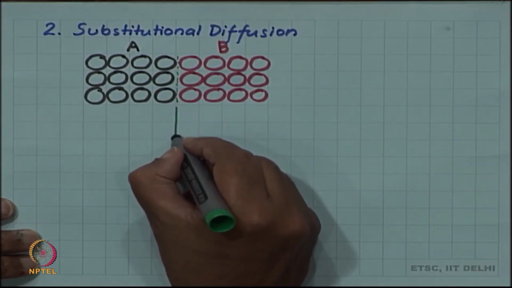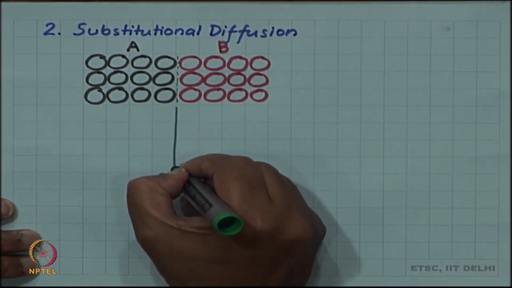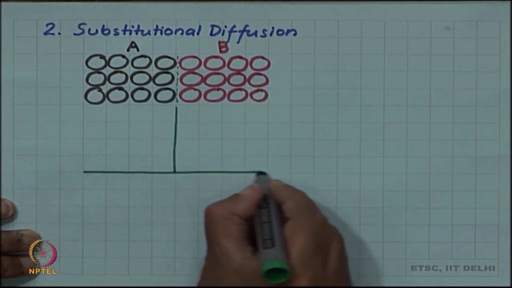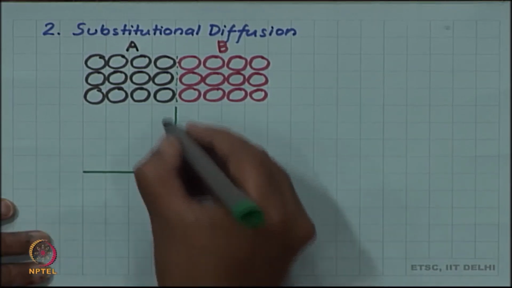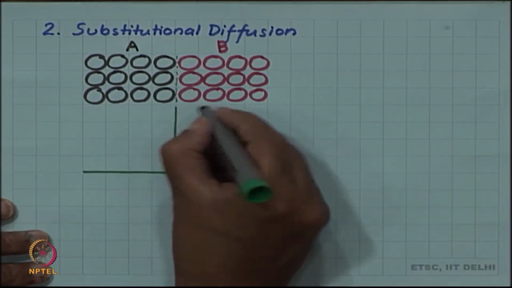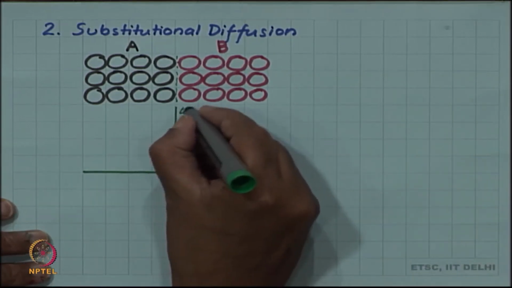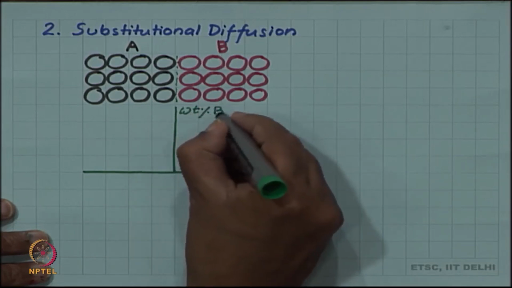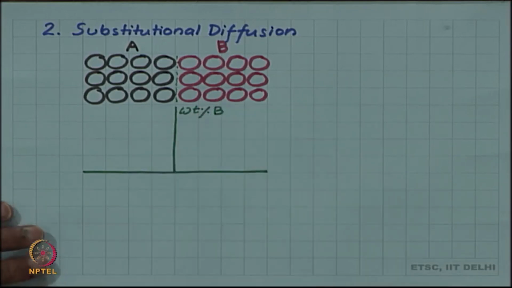So, if we represent the concentration profile in this system, let us say that we are plotting weight percent B as our y axis and the x axis is the distance as seen in the diagram.